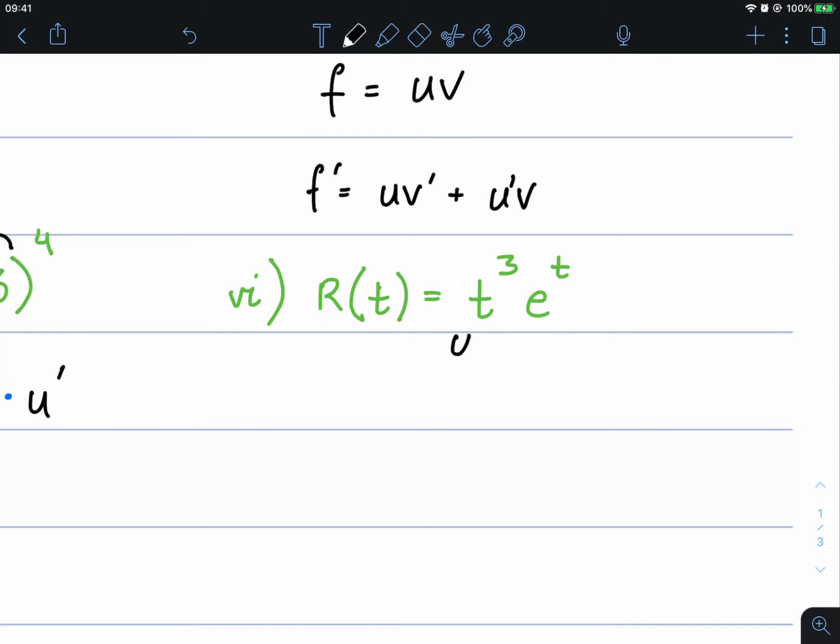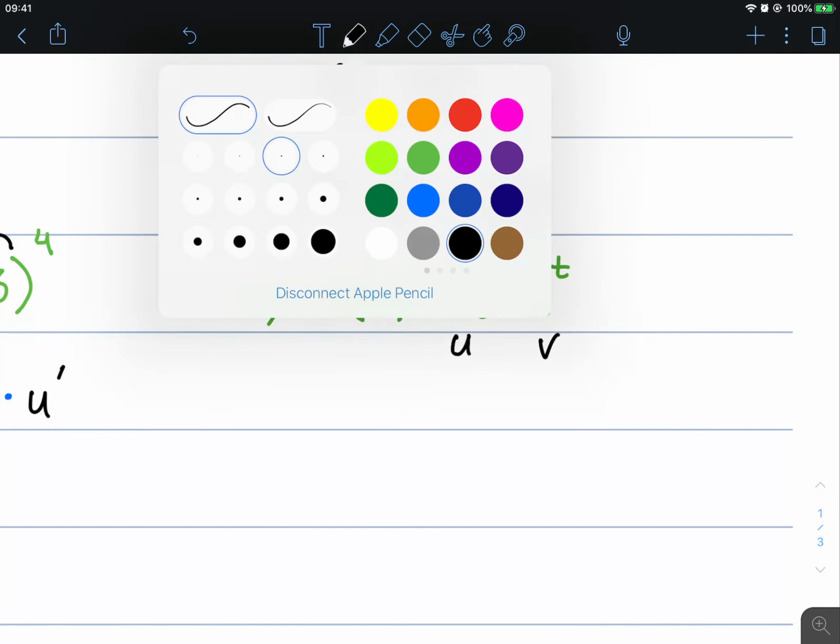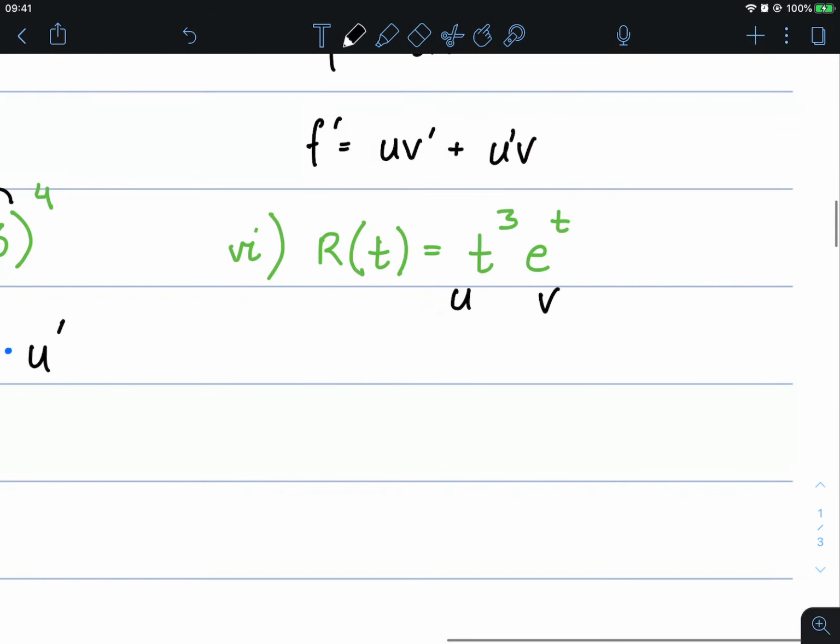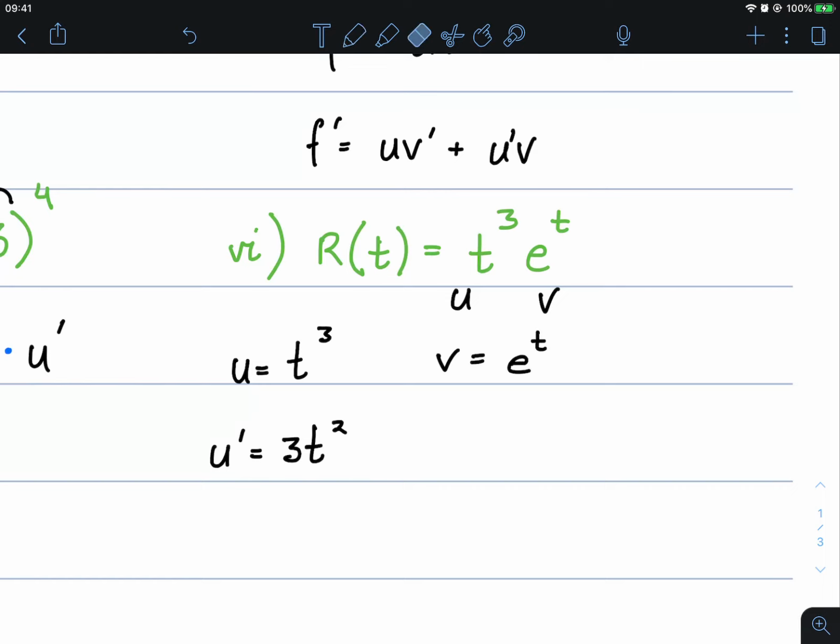So I'm going to let u be this one and v be this one. So let u equal t cubed. u prime is 3t squared. v, well, that's nice and simple. That's e to the power of t. And the derivative of v, or v prime, is just itself.